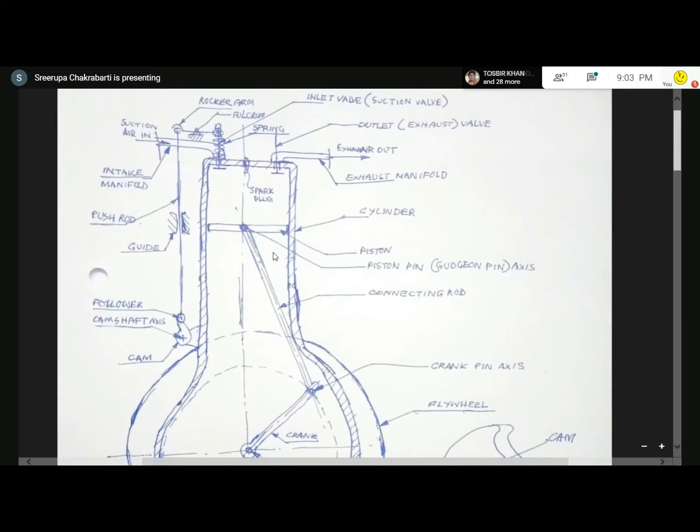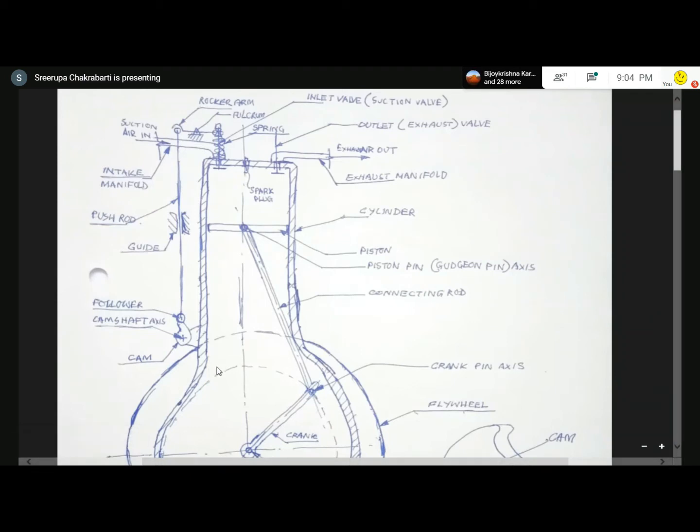Now, if I ask you the question, where does the energy for suction, compression, and exhaust come from? The energy comes from the rotational system, that is, the flywheel and the crankshaft only. The total energy which is required for all these 3 journeys of the piston, suction, compression, and exhaust, is supplied by the flywheel.